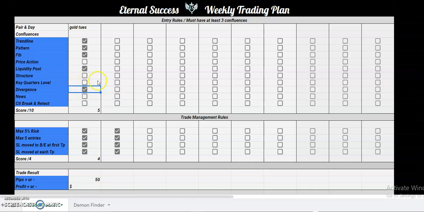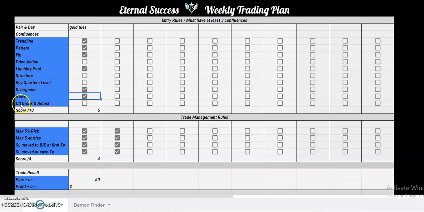Now the divergence. The divergence is with an RSI indicator, where the market, for example, is going down, but the RSI shows an upward trend, so the market is going the opposite way. That's a divergence. The news, for example: if it says the Australian dollar has gone weaker, and you're going to sell the Aussie dollar, that's an extra confluence.